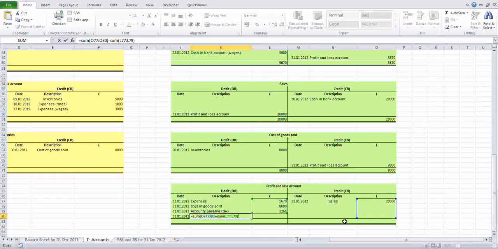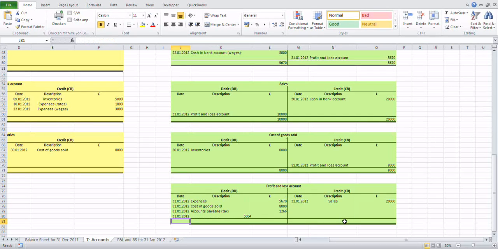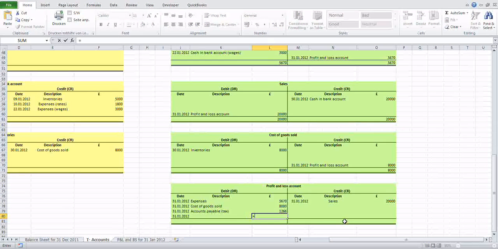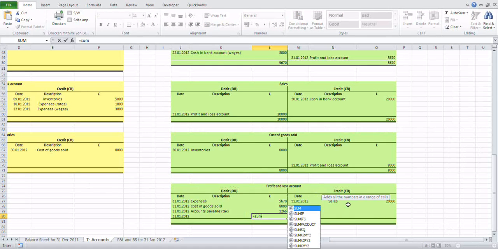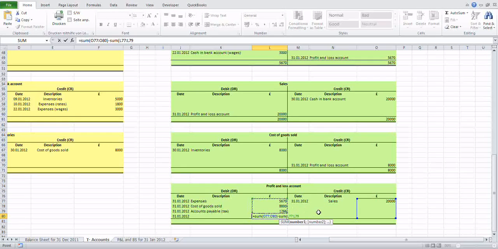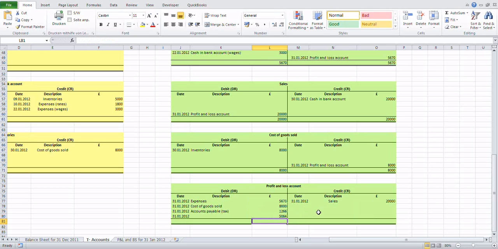Hit enter. Oh, I just put it in the wrong spot. Let's do it again. Good exercise. Sum of the larger side minus the sum of the smaller side. That's much better. 5,064.